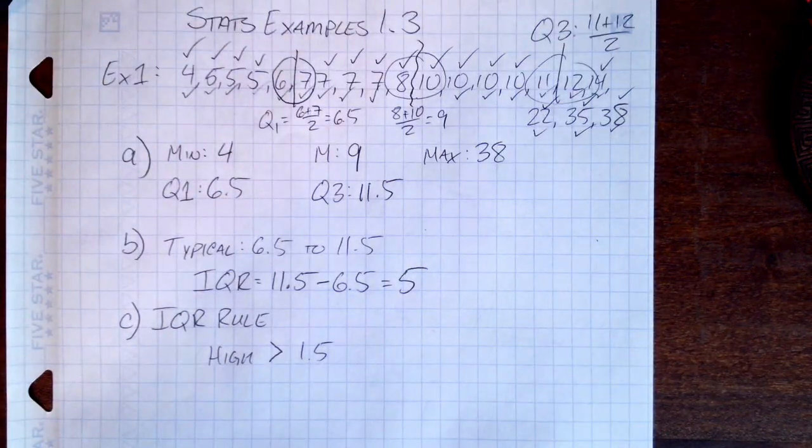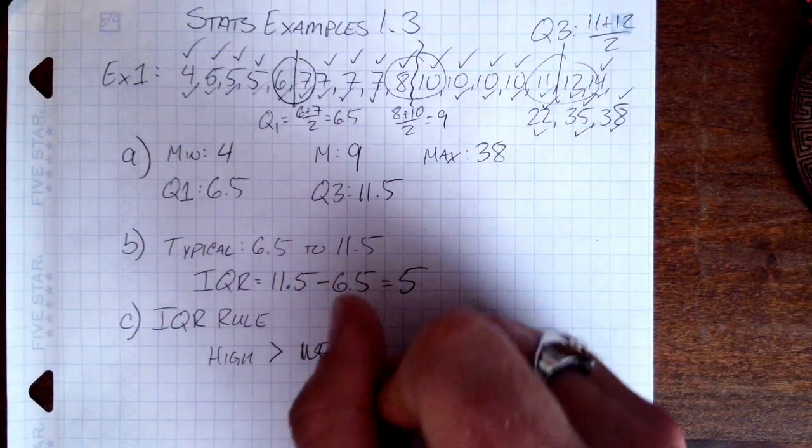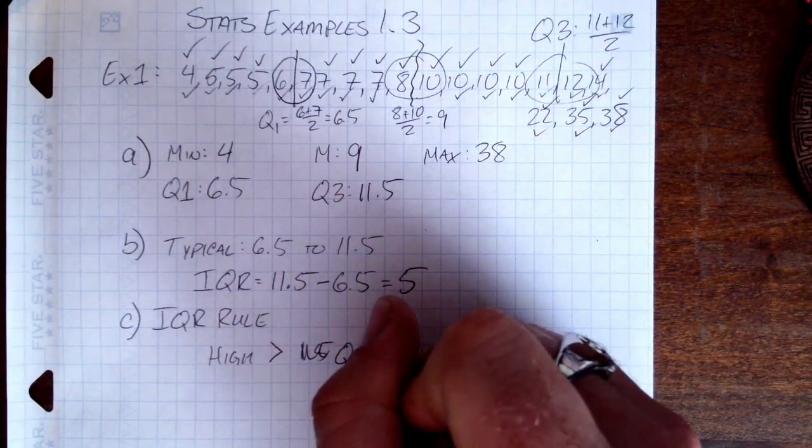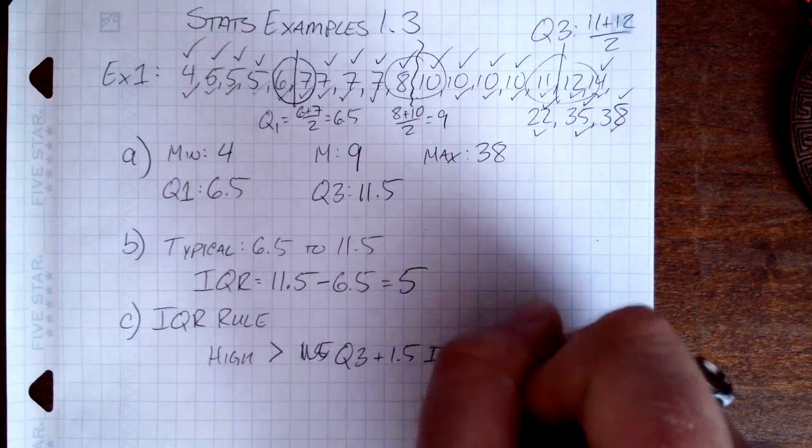High outliers are bigger than quartile 3 plus 1.5 times your IQR.